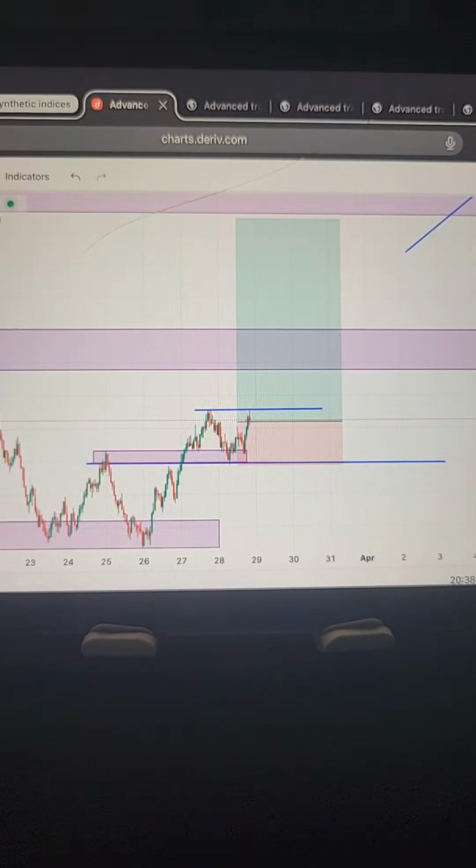The first asset that I would recommend you stay away from as a newbie is Boom and Crash. You are not supposed to be trading that asset as a newbie, because that asset is very volatile, and any small spike against you can blow your account, especially if you are trading a smaller account. So you shouldn't be trading that asset as a newbie.